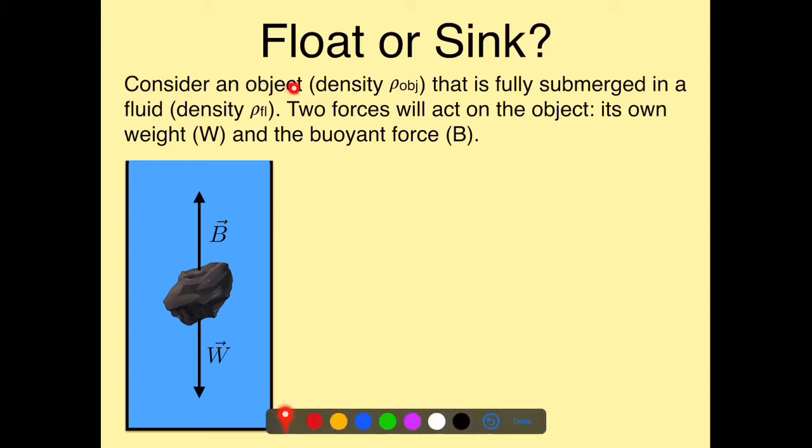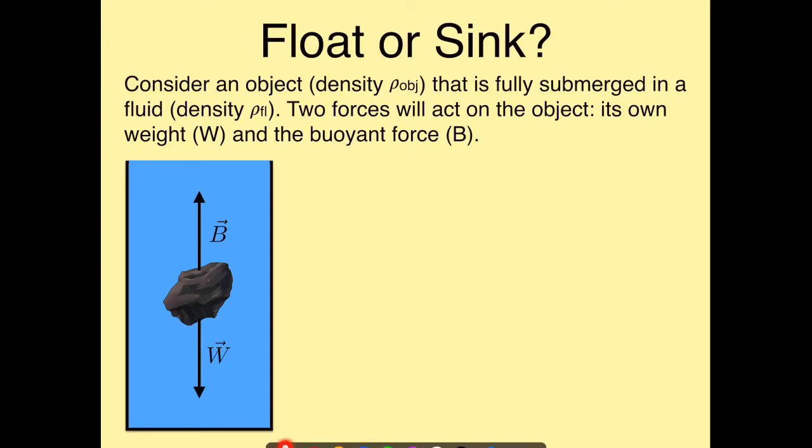We're going to consider an object that has density rho object. Okay, so this denotes the density of our object here. And it's fully submerged in a fluid, which has a different density, rho fluid. So that would be the density of whatever this fluid is. Now, there are going to be two different forces that are acting on the object.